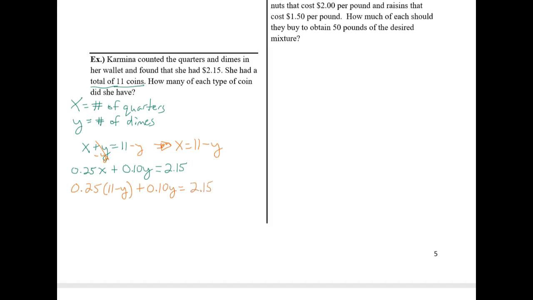Now this is a linear equation with one variable, and I can solve it for y. I'm going to start by distributing here. I know that 0.25 times 11 is going to give me 2.75, and then 0.25 times negative y is just negative 0.25y, plus everything else is staying the same.